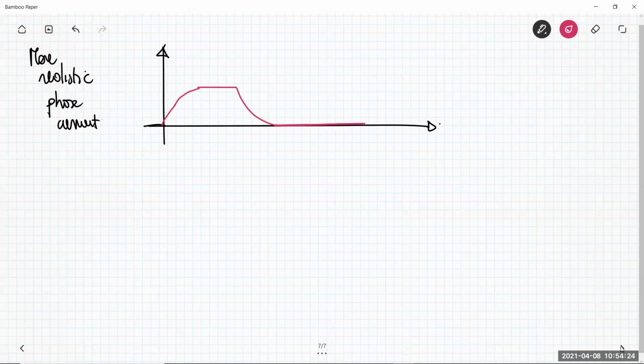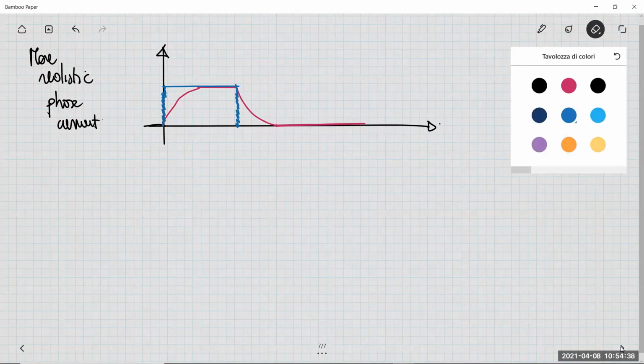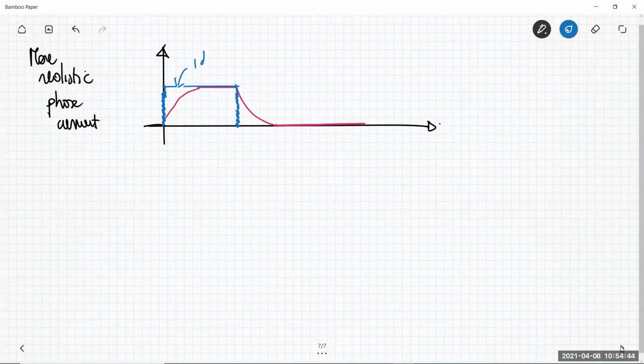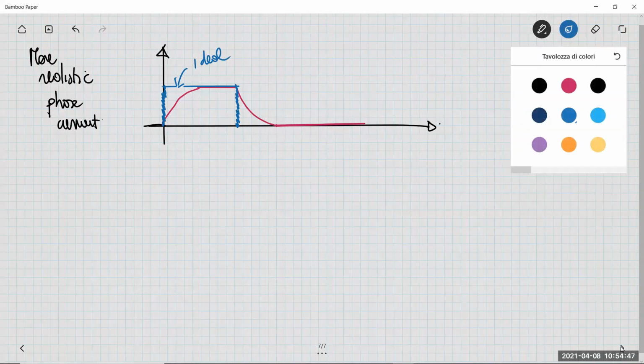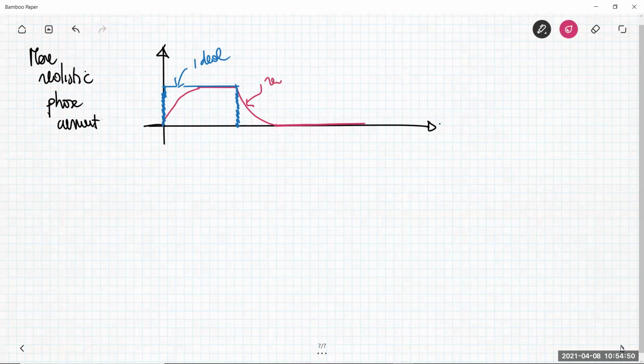So instead of having, let me just put here the ideal situation, this behavior, here ideal, you have this red real behavior. You have something that is not immediate in going into the nominal input current. It takes some time at the turn on and at the turn off.